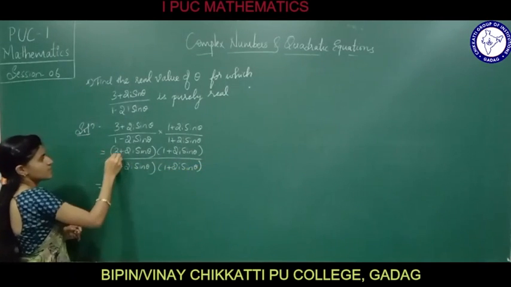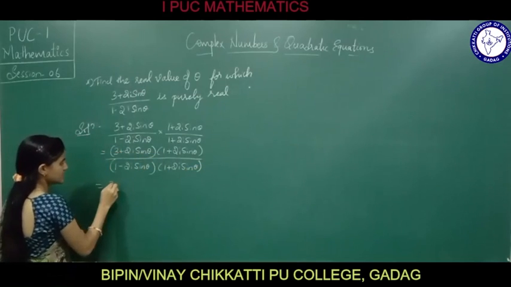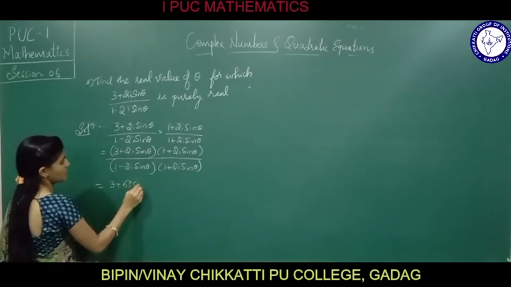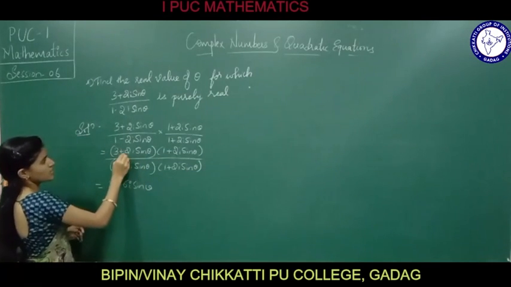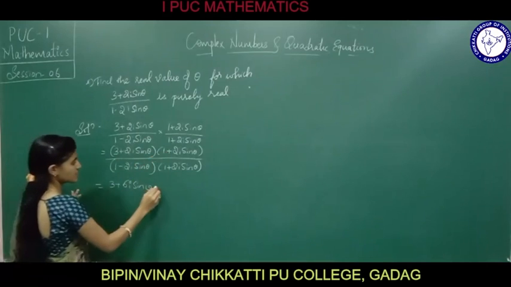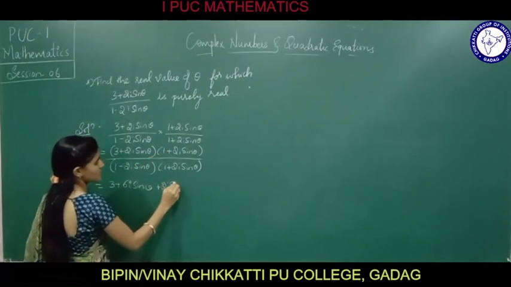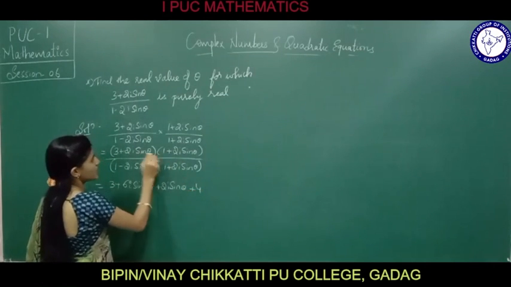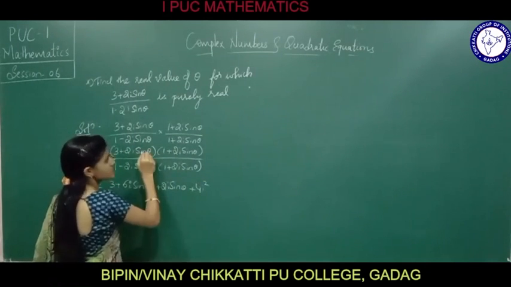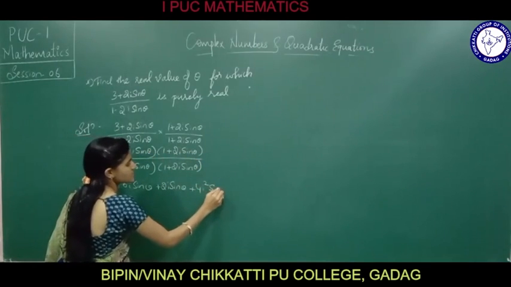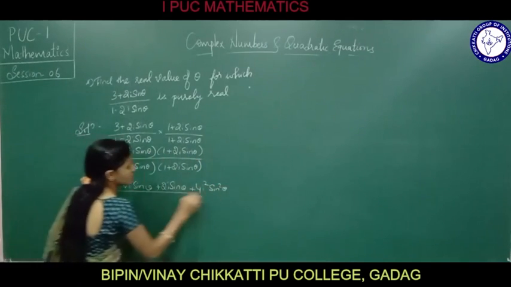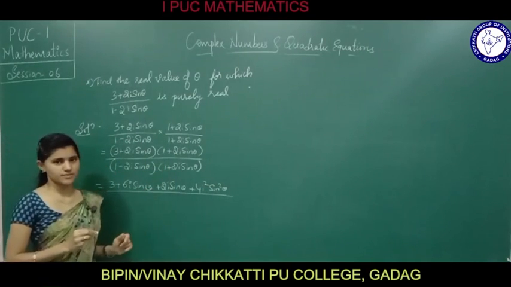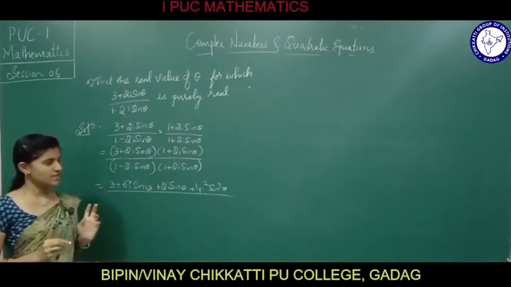Next, multiply. 3 into 1 is 3, plus 3 twos are 6i sin θ. 2 into i sin θ into 1 is plus 2i sin θ, plus 2 twos are 4, i into i is i², sin θ into sin θ is sin²θ, divided by, it is of the form (a − b)(a + b), which is going to be a² − b².